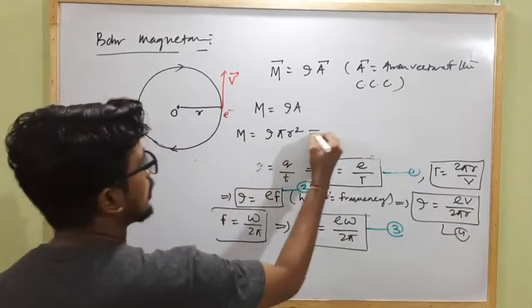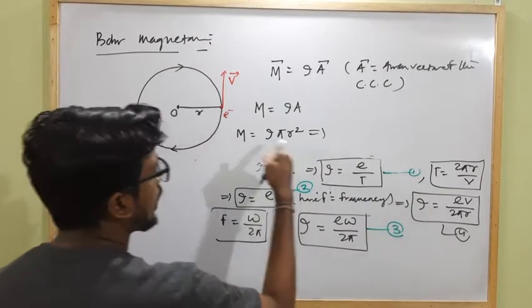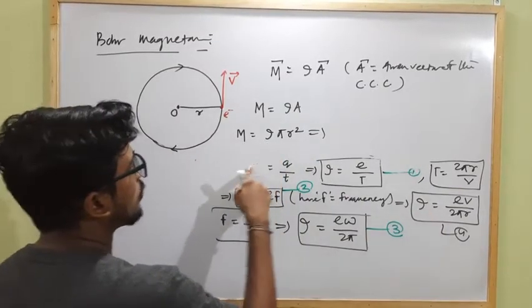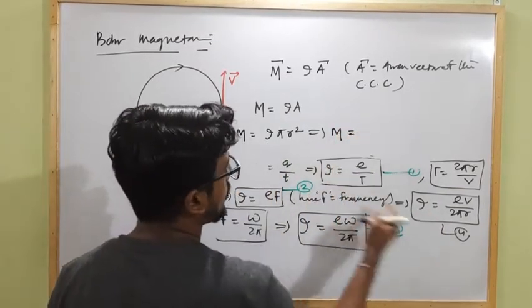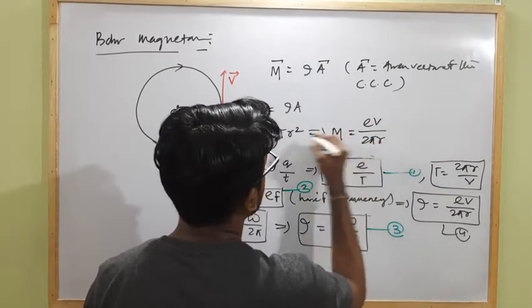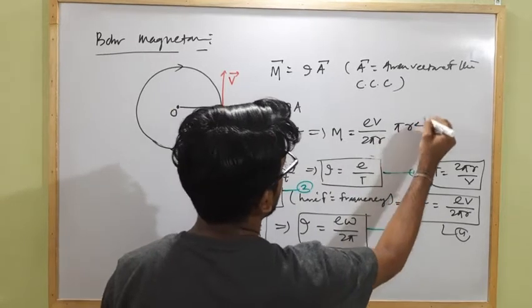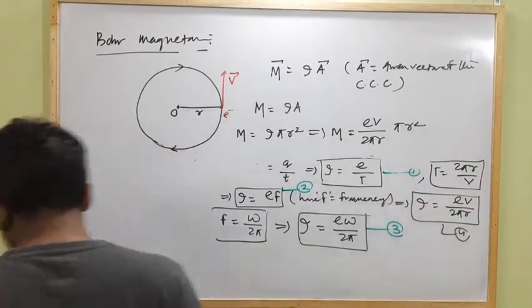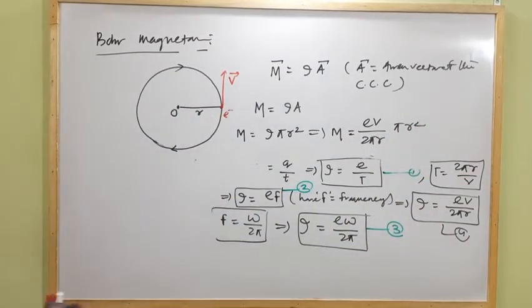So here, using this value of I, we can find the magnetic dipole moment M equal to, in place of I, E v by 2 pi r into pi r square.